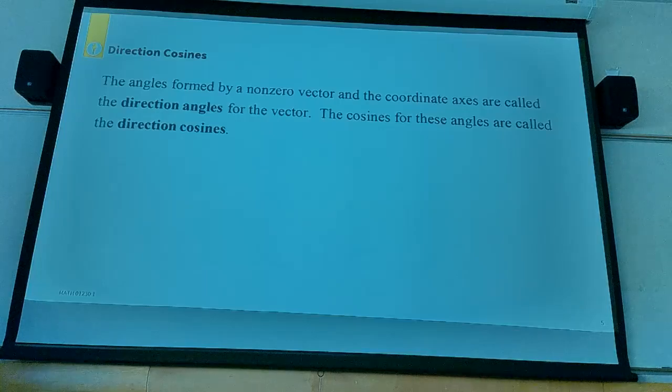So we have three angles formed from a non-zero vector and the coordinate axes x, y, and z, the i hat, j hat, k hat. Cosines of these angles are called the direction cosines.